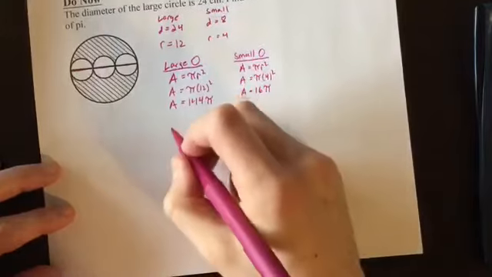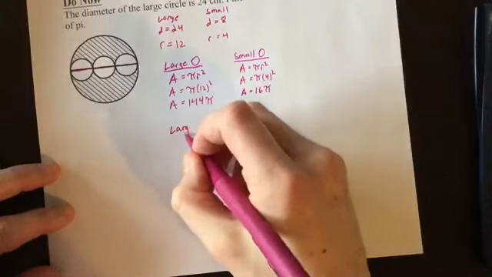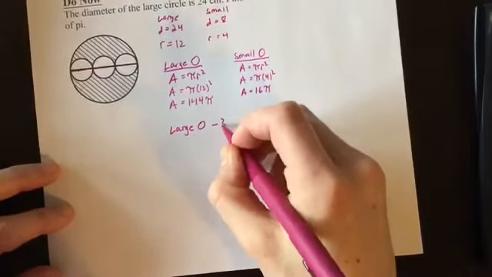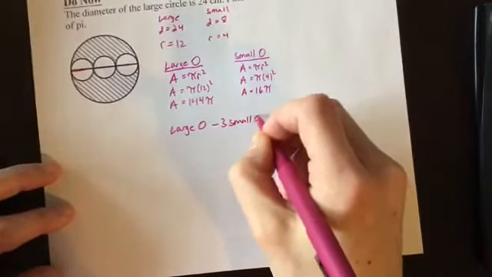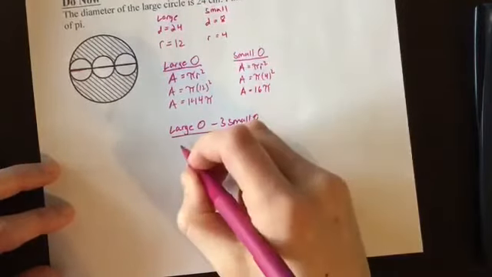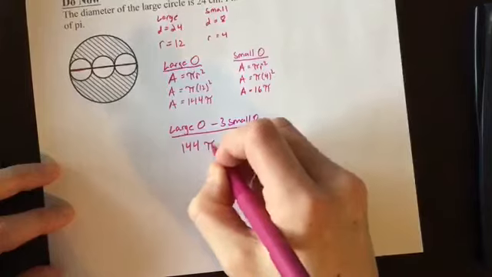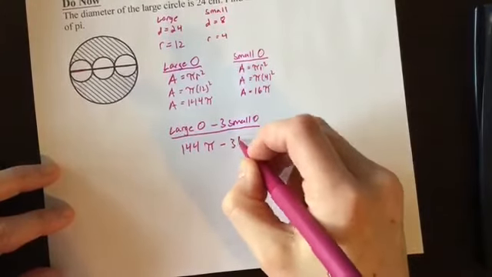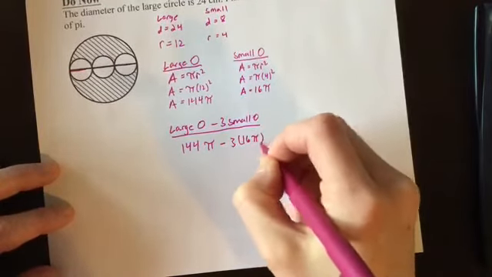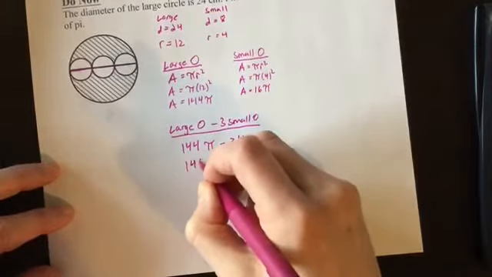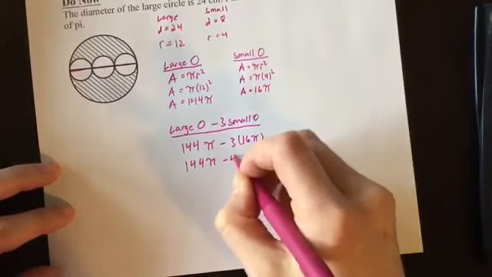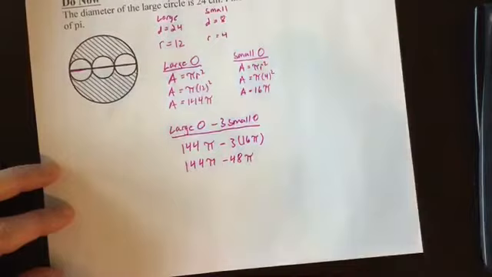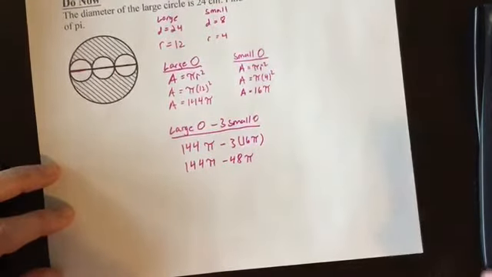Right, so now to find our shaded area, we're going to do our large circle minus our 3 small circles. So that'll be 144 pi minus 3 times 16 pi. So let's simplify. 3 times 16 pi is going to be 48 pi.